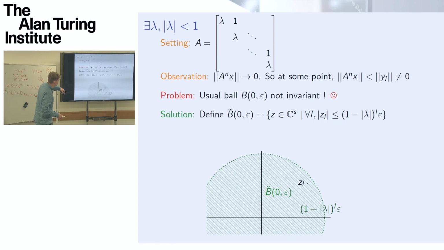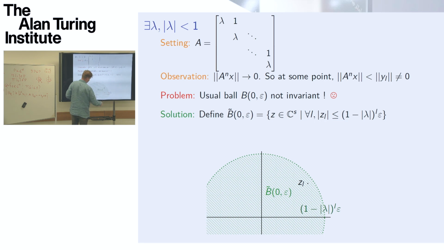So there's a little drawing here to explain why it's invariant. Let's say I have a point in there. I'm looking at coordinate L, okay? So ZL is here in this ball of this radius. And then when I apply the matrix, AZ coordinate L is this number. So what I do is I rotate and I shrink a little bit, so I get here.